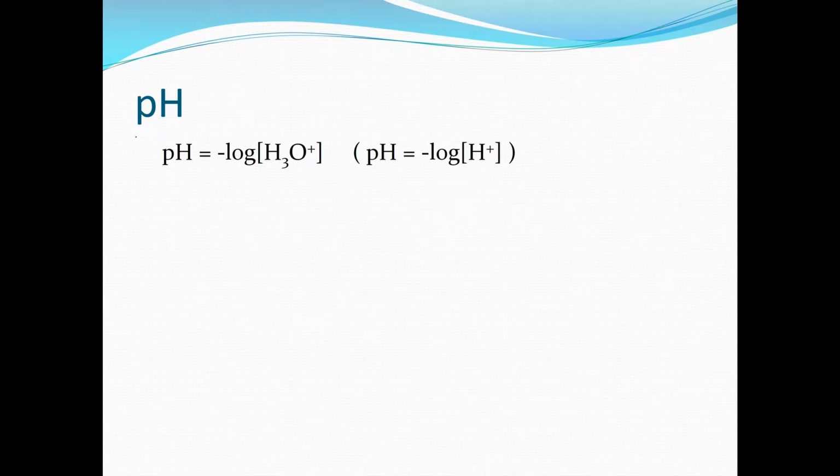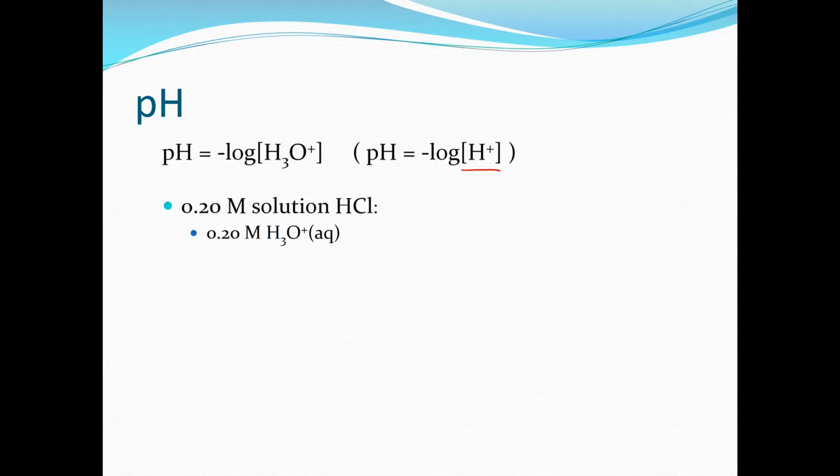So this notation of a lowercase p in front of a value is essentially negative log of whatever that thing happens to be. And so when we define a pH, what we're talking about is the negative log of the hydronium ion concentration, or we will shorthand it as the negative log of H plus concentration.